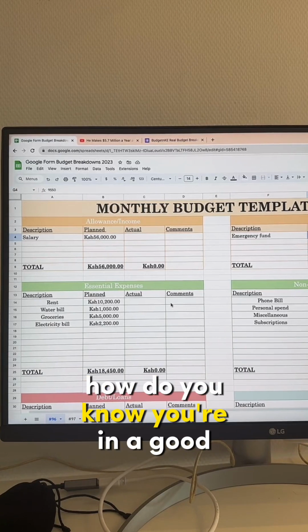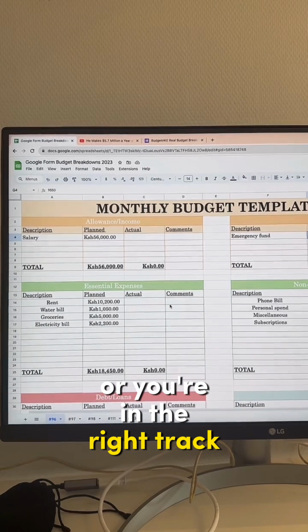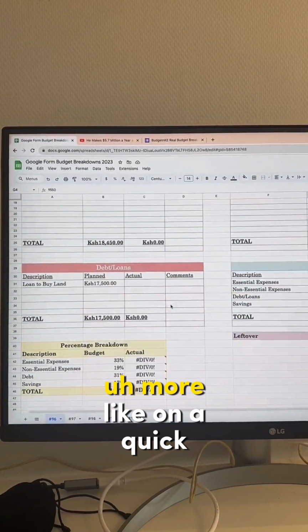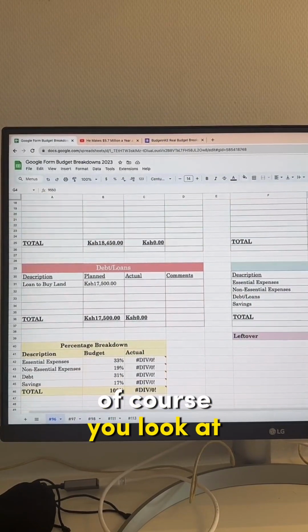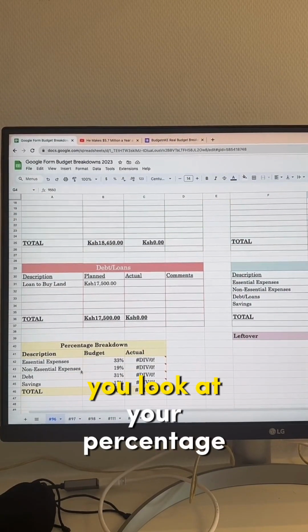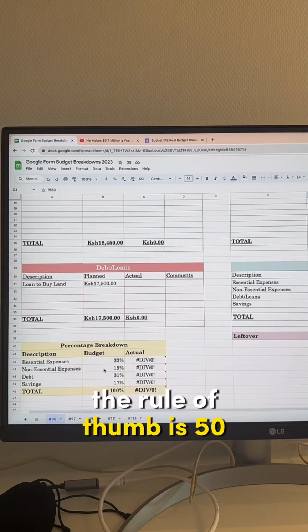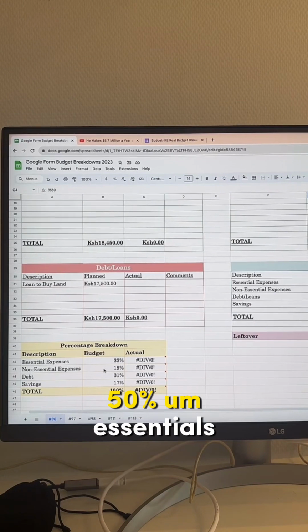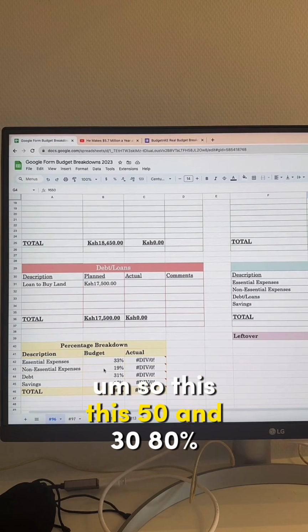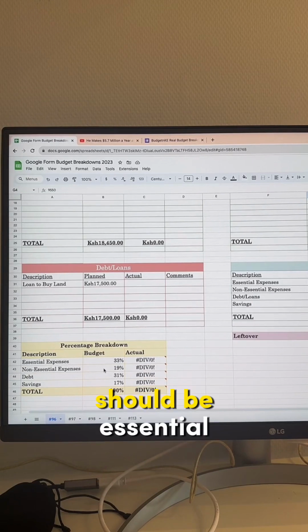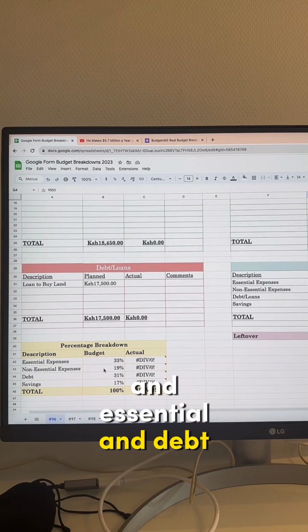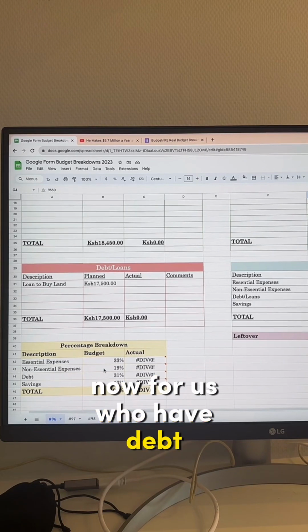So how do you know you're in a good position or you're on the right track? On a quick glance, of course, you look at your percentage breakdown. Like I said, the rule of thumb is 50% essentials, 30% non-essentials. So this 50 and 30, 80% should be essential, non-essential, and debt, for us who have debt.